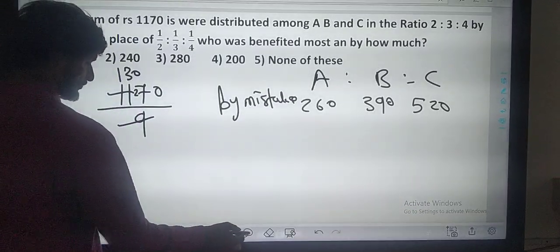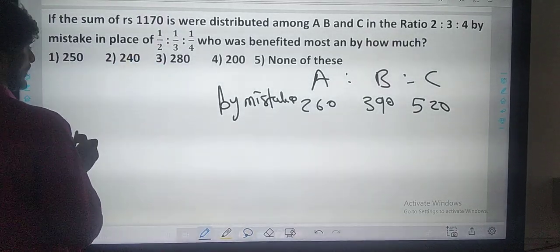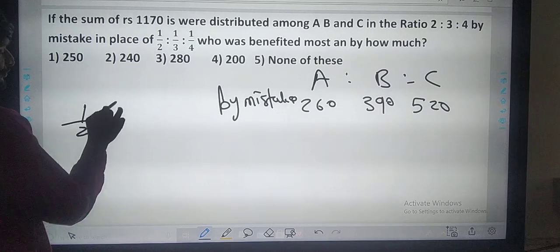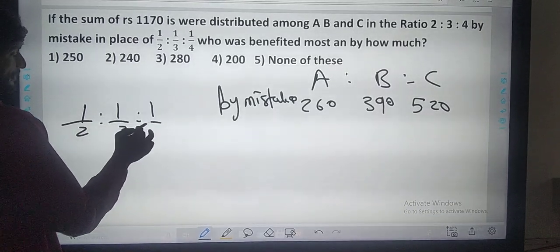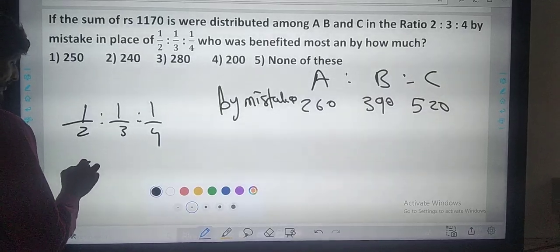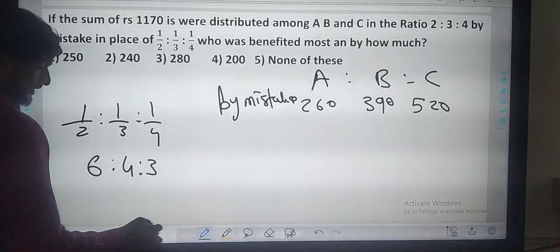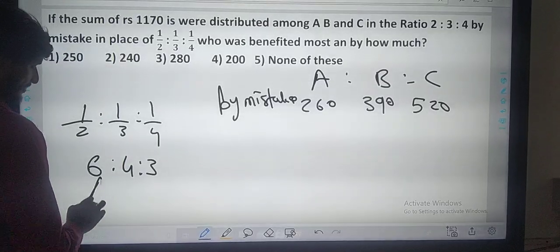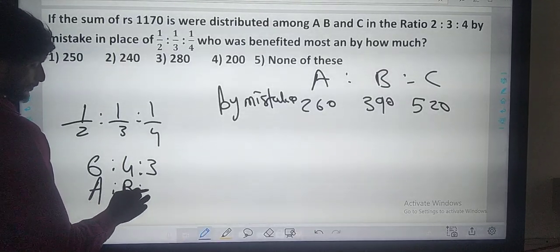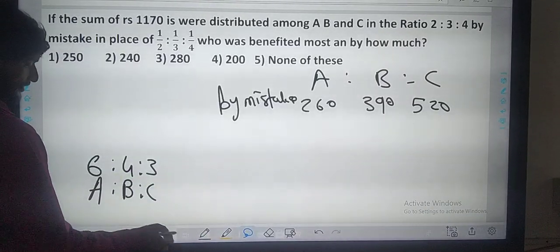By mistake, in place of 1/2 : 1/3 : 1/4. Then we get the LCM of 2, 3, 4, that is 12. Then here we write 6 : 4 : 3. Then the ratio of A : B : C. This is the correct ratio. Then we distribute this amount in this ratio.